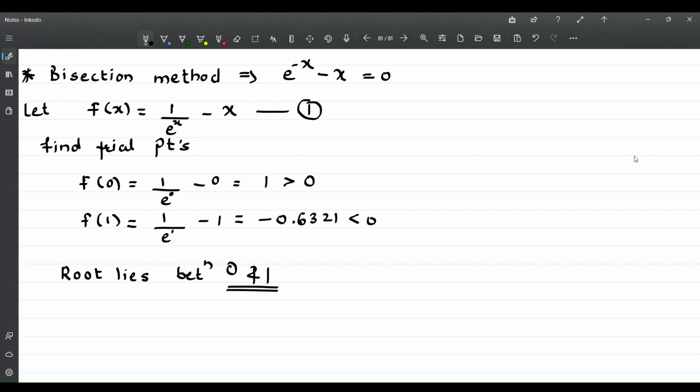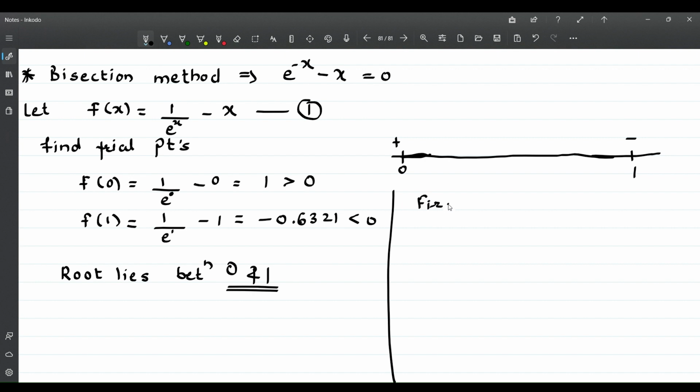So we'll update this line. Those two trial points are 0 and 1. F of 0 is positive, F of 1 is negative. Now we'll solve the first iteration.